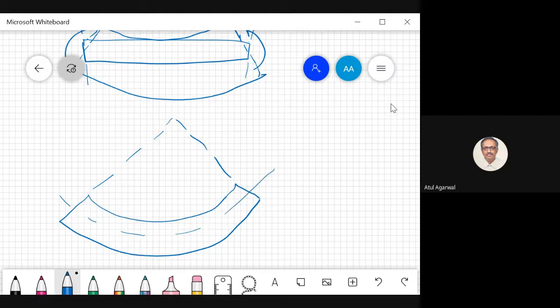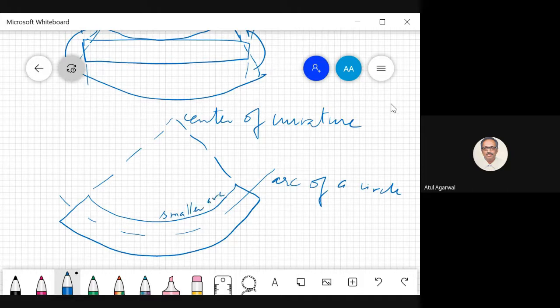You see, if this is your center of curvature, this you assume is an arc of a circle. So this is a smaller arc. This is a larger arc.